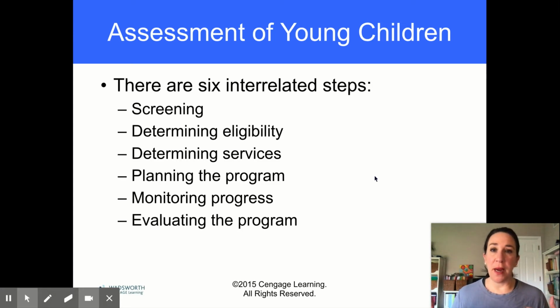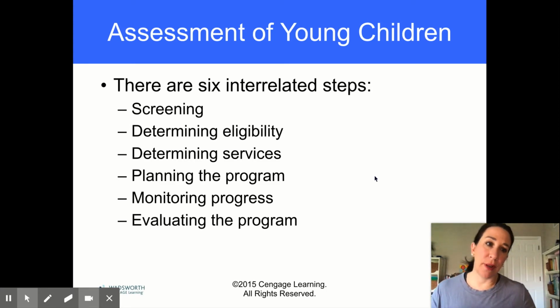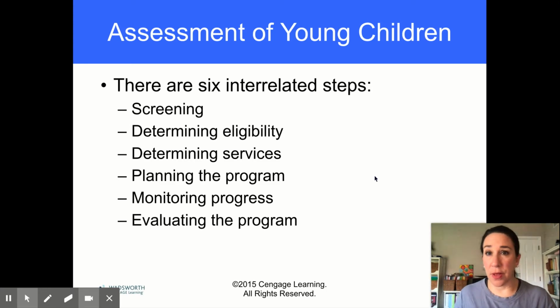The IFSP is the one that we're going to spend the most time on because generally those are the children that we'll be working with, although you may be in a place where you have children with IEPs too. So the biggest difference is in an IFSP, it's family focused, and IEP is much more focused on what's happening in the classroom.